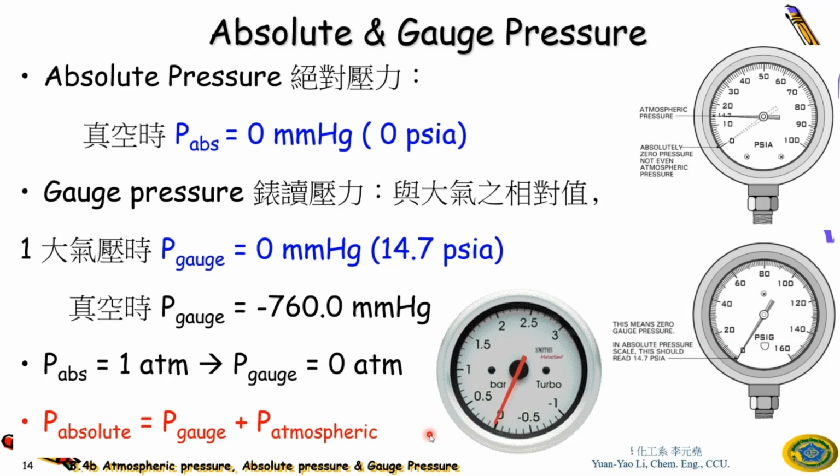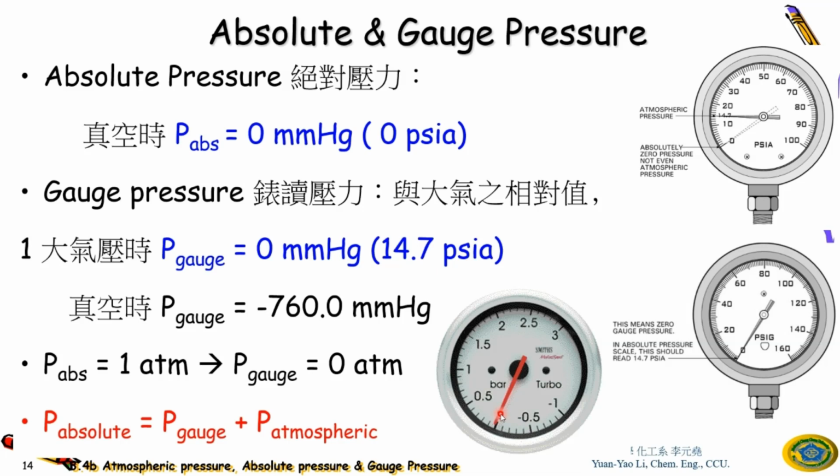Right? So if I say that I have a gauge, let me show you a gauge. We call it Bourdon gauge. This is the one, and I measure nothing. You know, there's nothing, right? And if the indicator goes to 0, what does that mean? It's 1 atm, right? So why does the indicator go to 0?